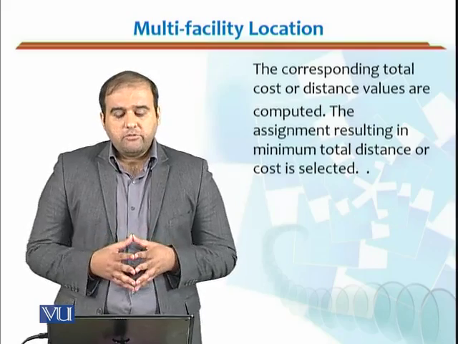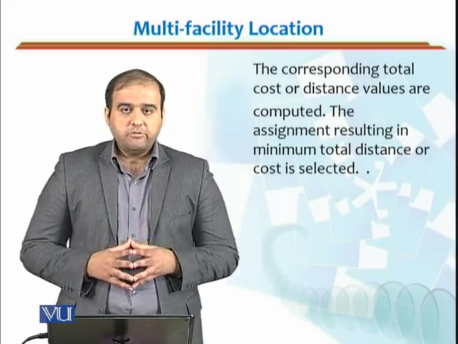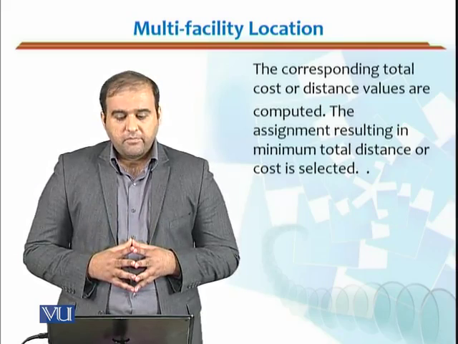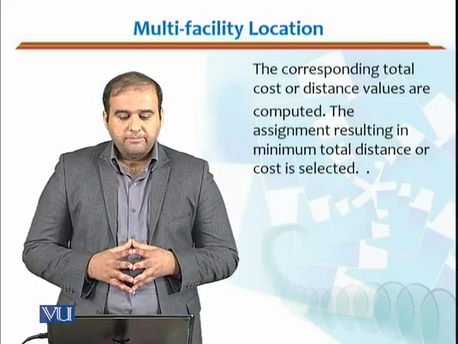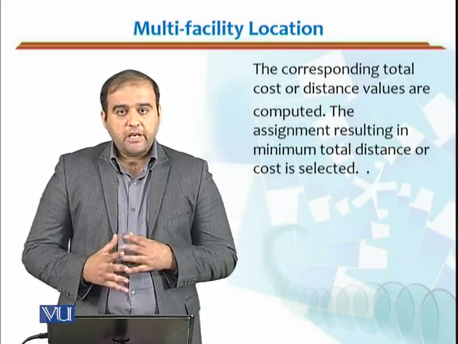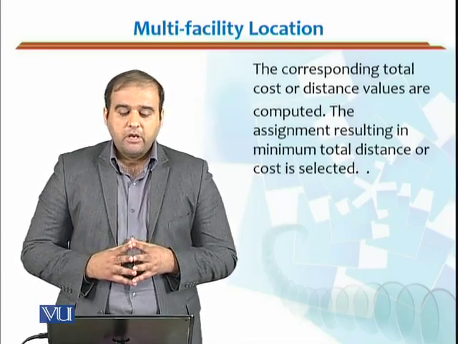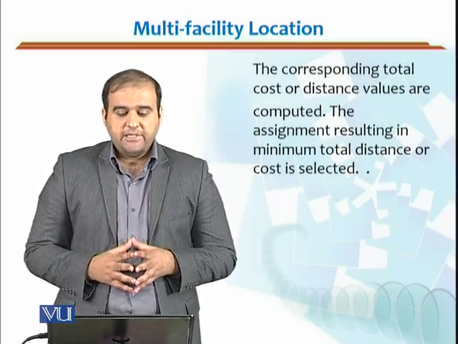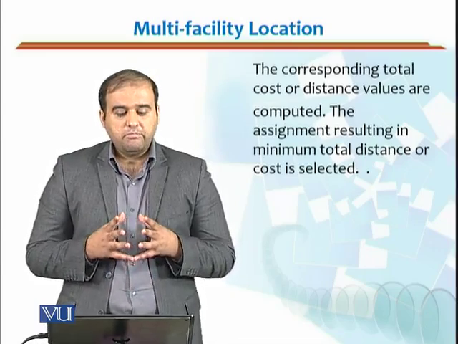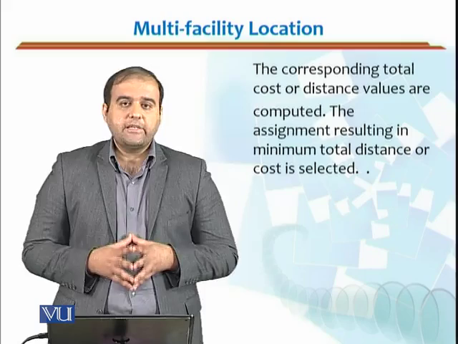Every time you will be calculating the total cost and the total distance, and after all the enumerations, after making all the combinations, whatever assignment had the lowest cost or minimum total distance would be selected.